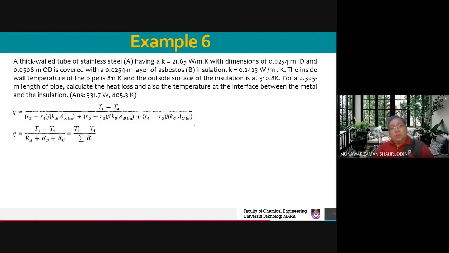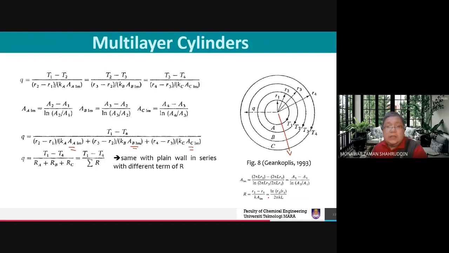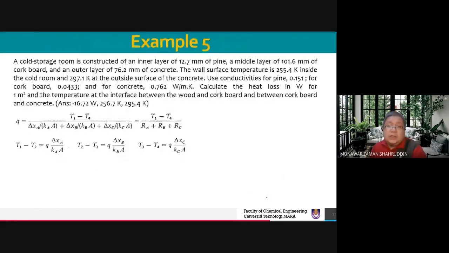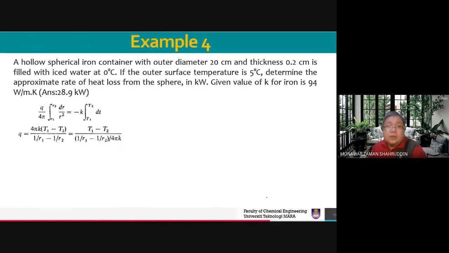A thick wall tube of stainless steel A having K of 21.63. You have to be very careful with this question, because all this while you've been given the radius, right?